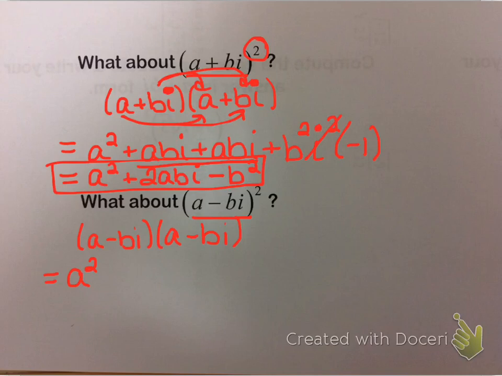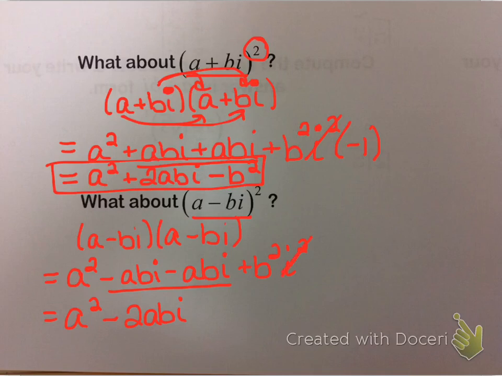This time our outer terms and our inner terms give us minus abi and another minus abi. And then this time, negative b and negative b gives us positive b squared i squared, so the end term actually ends up being the same. So we have our a squared. Our middle terms this time combine to give us minus 2abi.